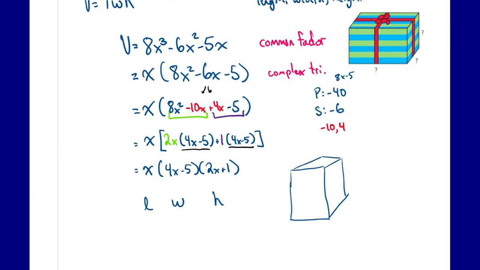Maybe it's now a length and a height. So when we're dealing with volume, the order doesn't matter when we're talking about the dimensions, as long as we recognize that I have three different factors to represent the three different dimensions.